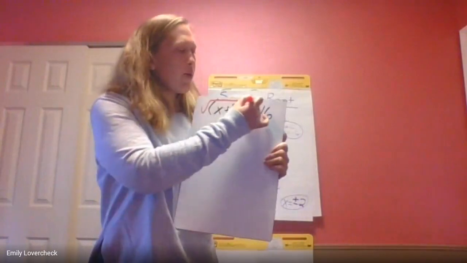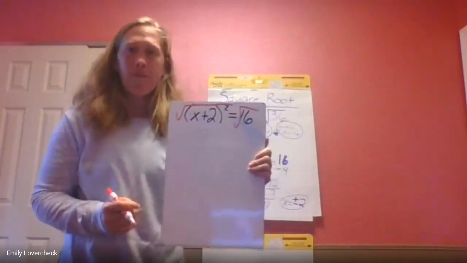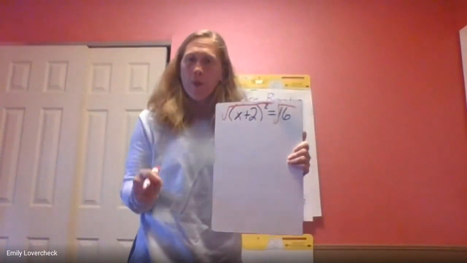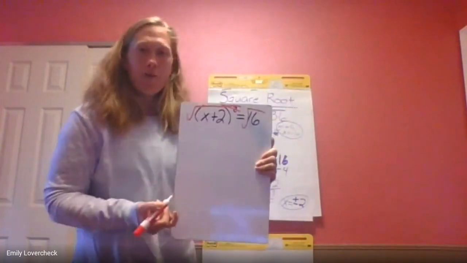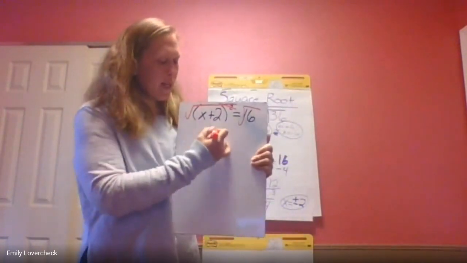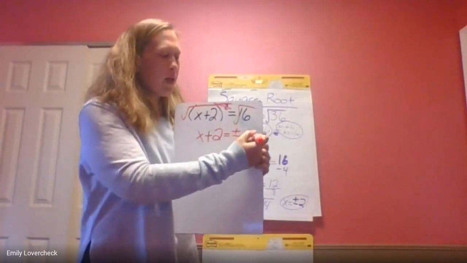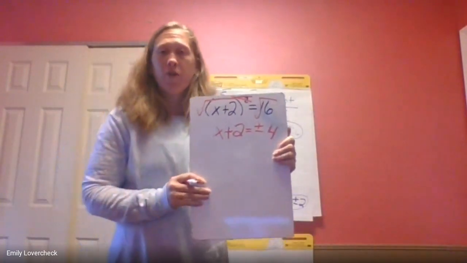So I'm going to square root this entire thing here, and square root that side. This is different than the other problems you've done before, because you're going to square root first, even though that plus 2 is there. So those cancel, and I'm left with x plus 2 equals plus or minus 4.